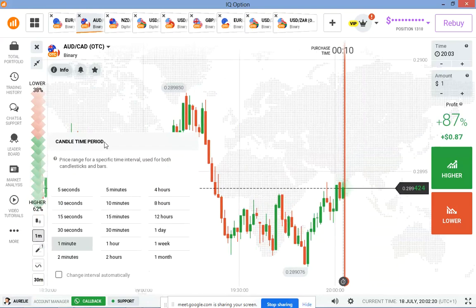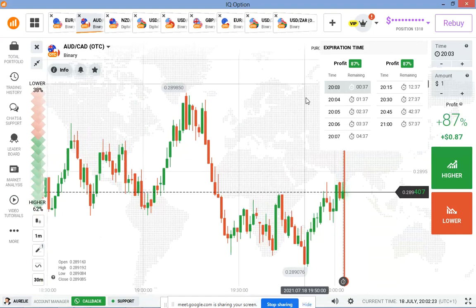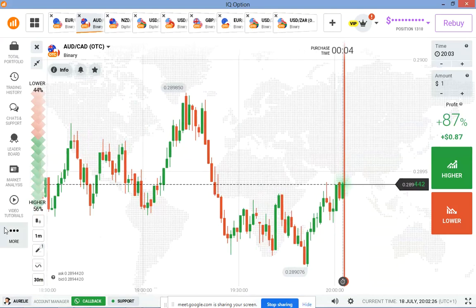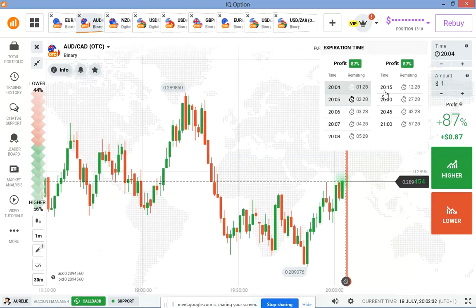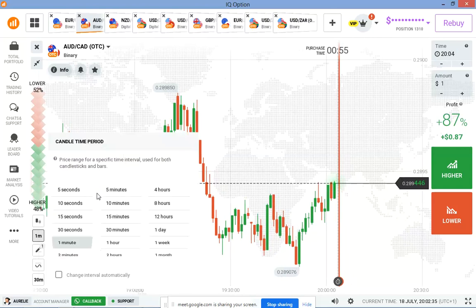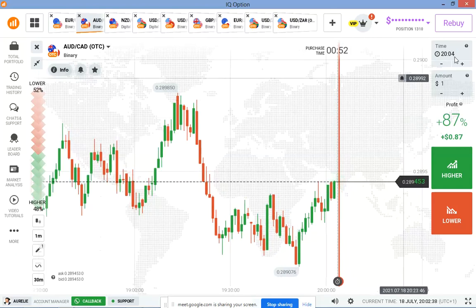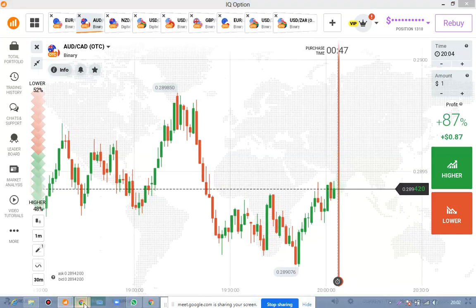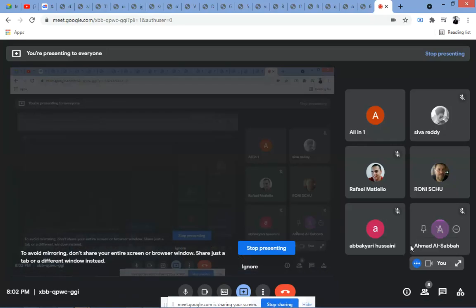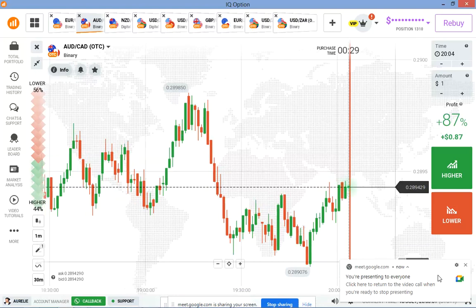Either you use 1 minute candle time period and use the exact same expiry time, or you use 2 minute candle time period and use the exact same expiry time, or you use 5 minute candle time period and use the exact same expiry time. This is the first method, the first way you can trade the binary option.